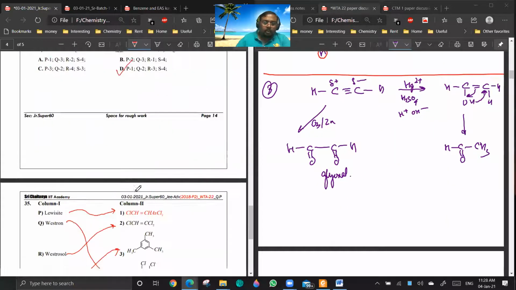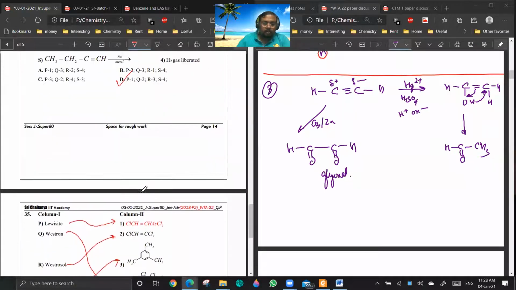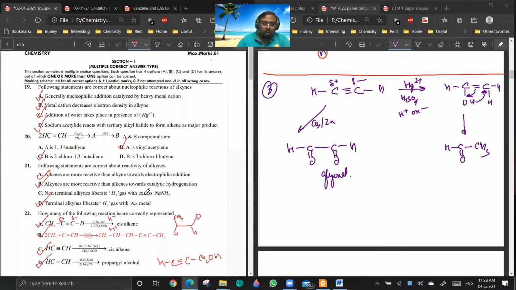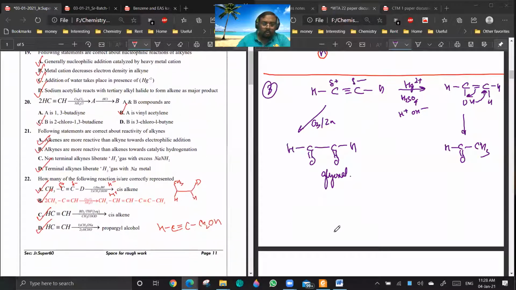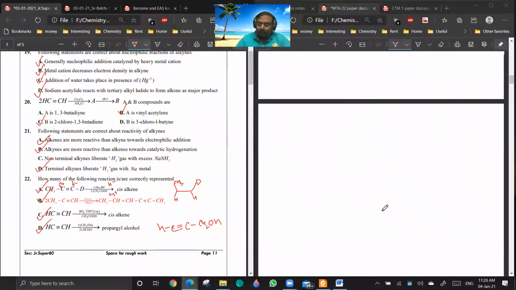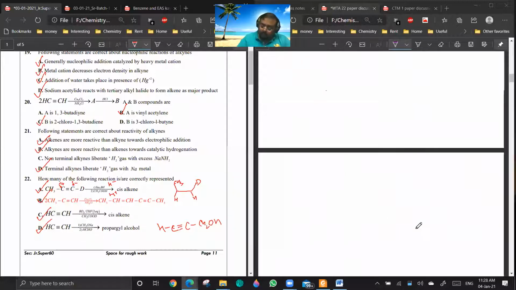Any other doubts in this paper? Can you explain 22B? Yeah, it's a similar type of reaction. Instead of HC triple bond CH, you are having CH3 C triple bond CH.